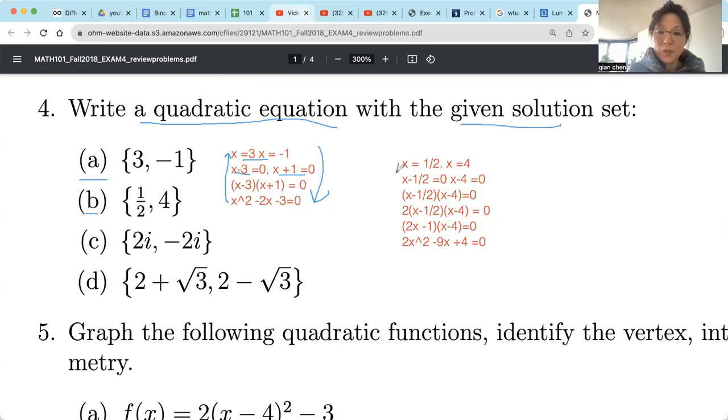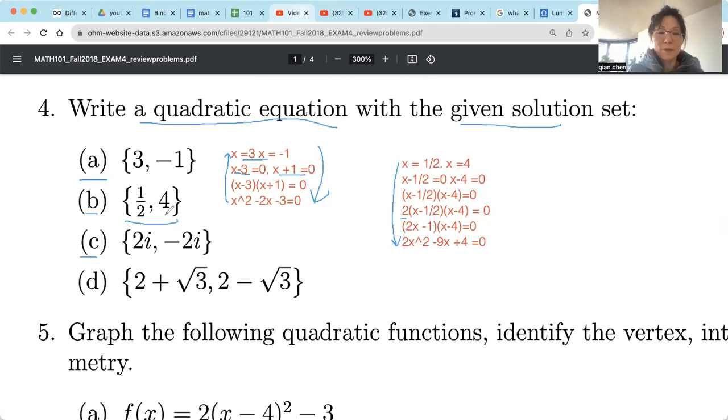So we start with a solution and write the equation. If we have a fraction, we want to get rid of the fraction. In this case, the fraction is a half, so I multiply by 2. Then I expand, and I get 2x squared minus 9x plus 4 equals 0 as the equation that has solutions of a half and 4.